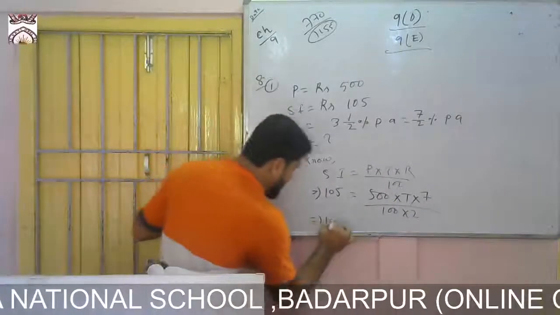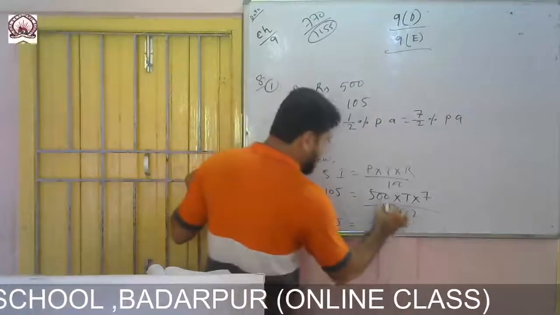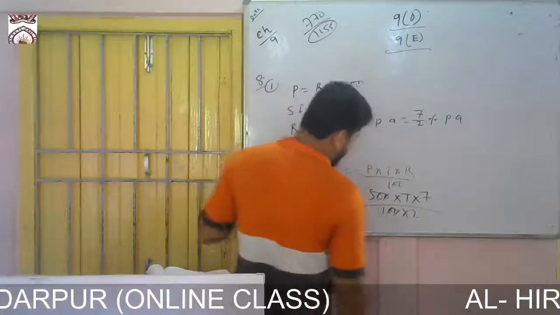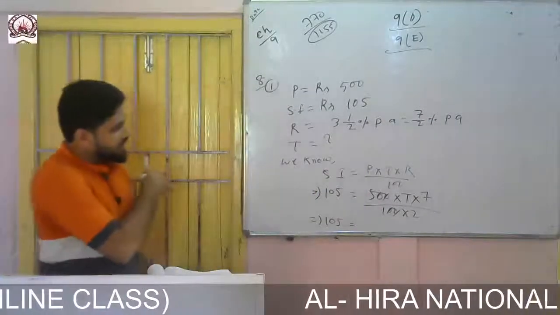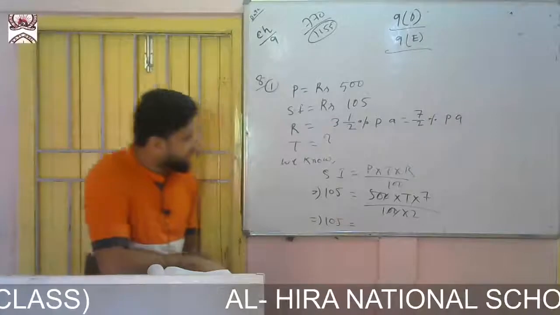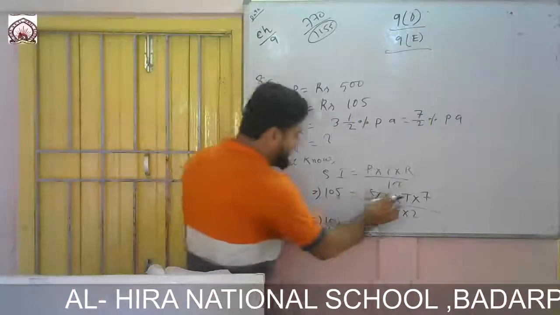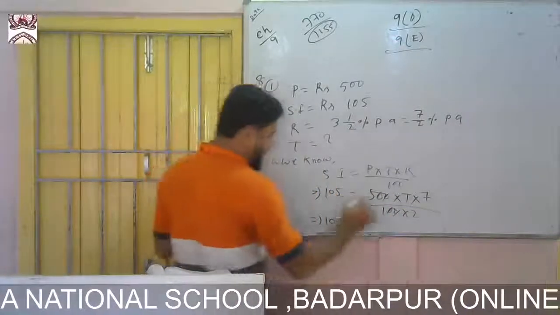Now 105, the zeros cancel. So remain 5 sevens are 35. So 35T.